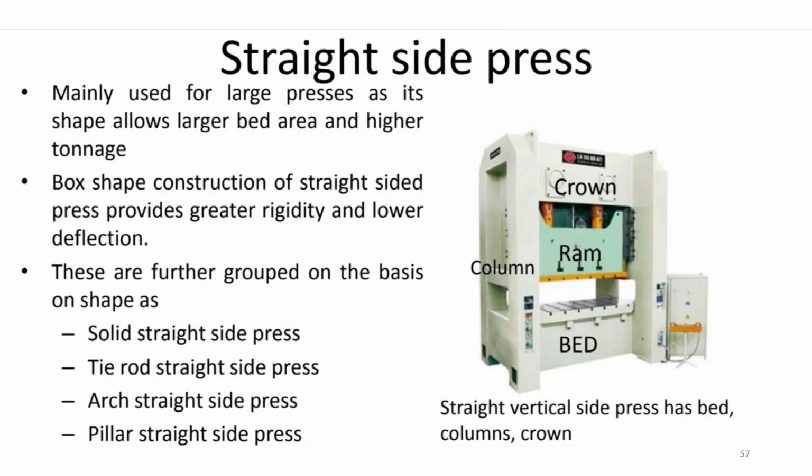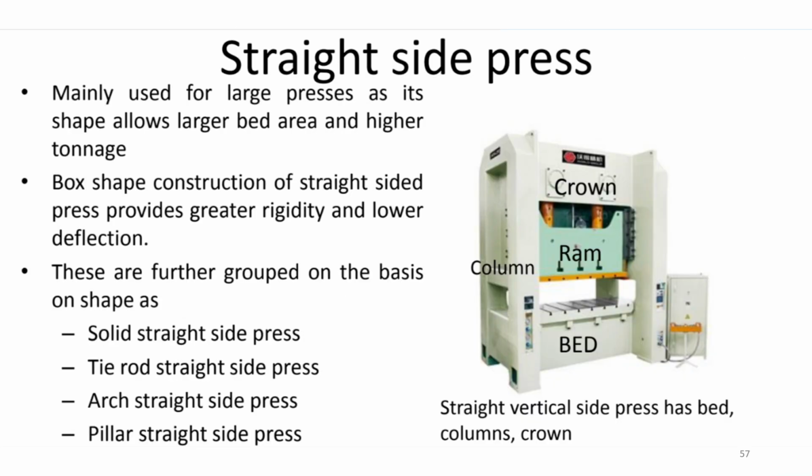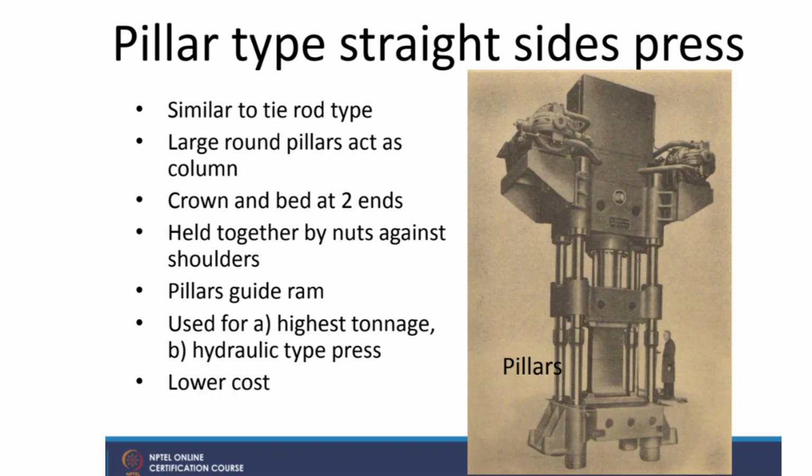Okay, ma'am. Now in case of the pillar type straight sided press, the columns will be in the form of pillars. It is similar to the tie rod type of press, and the large round pillars act as columns, with the crown and bed at the two ends.